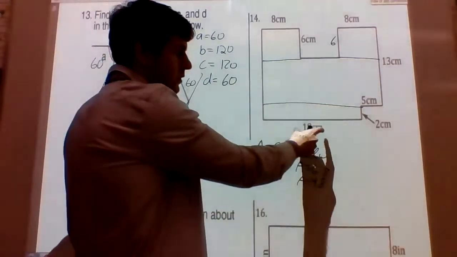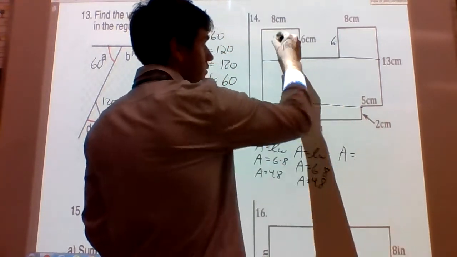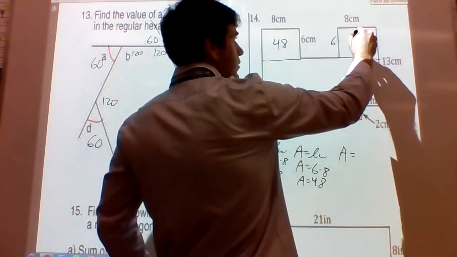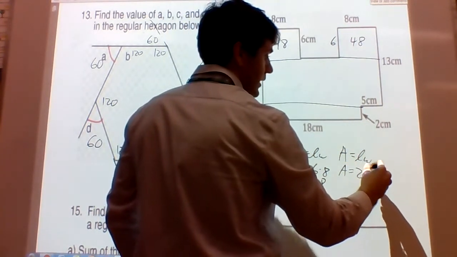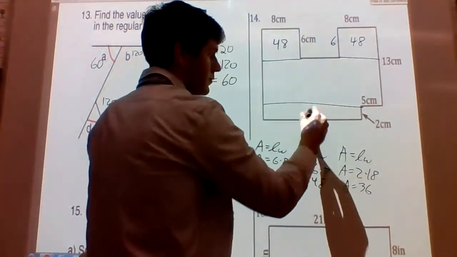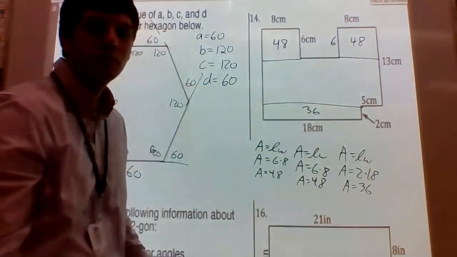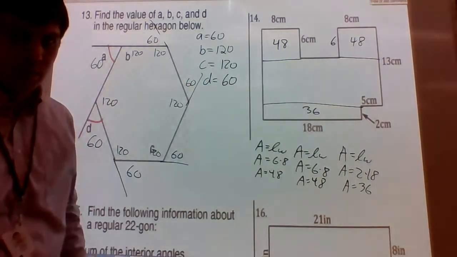This one we notice is 18 by 2. Okay, so 48, 48. This one's length times width again, 2 by 18, which is 36. That leaves us our 4th one in the middle here, the big one.